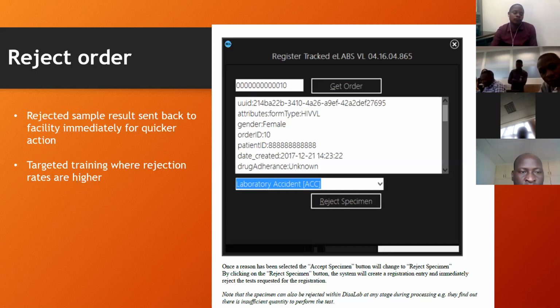Once a sample is rejected via the eLABS DISA integration, eLABS sends an alert directly to the facility saying this sample has been rejected, kindly act on this immediately. This integration also helps us do targeted training for where we have a high number of rejections coming through the lab.